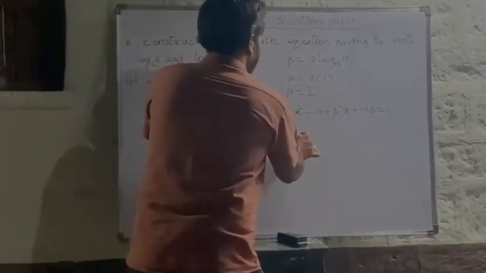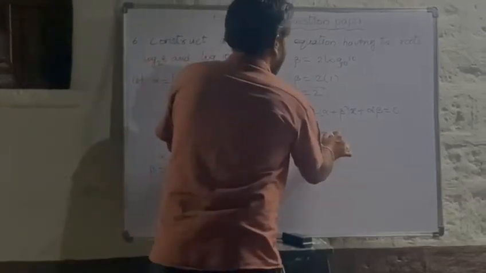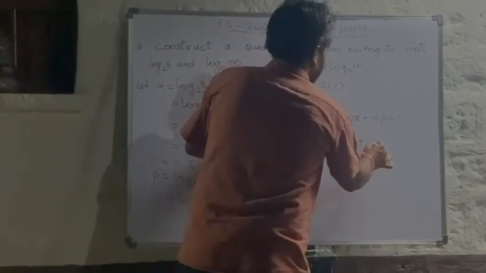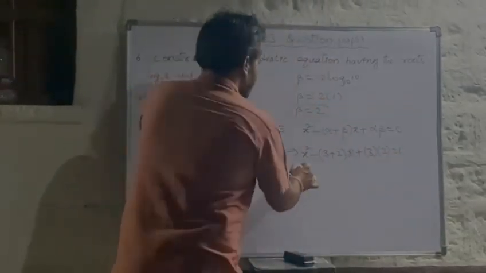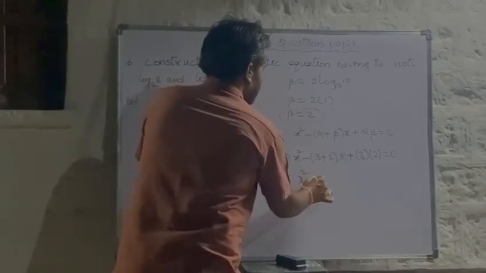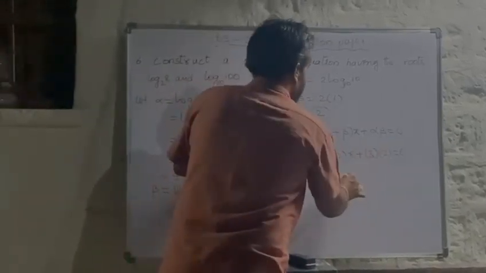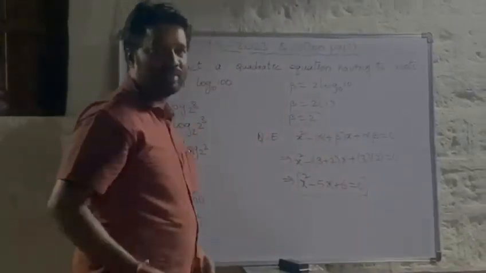That is x square minus (3 plus 2) x plus 3 into 2 is equal to 0. That is x square minus 5x plus 6. So the final answer is x square minus 5x plus 6 equal to 0.